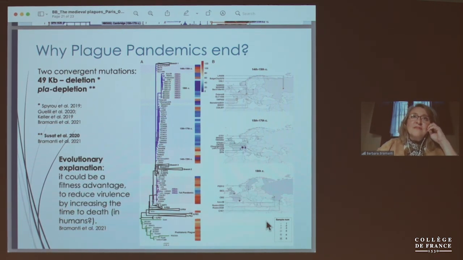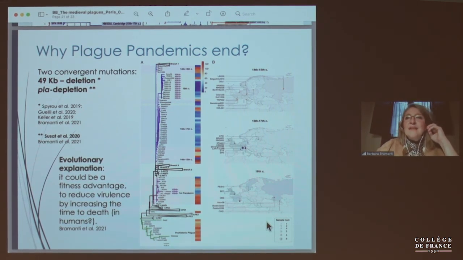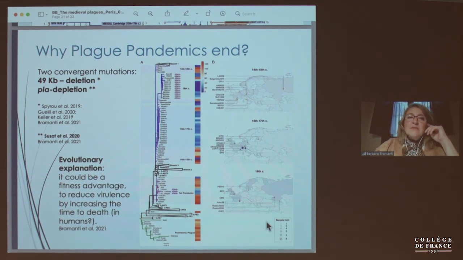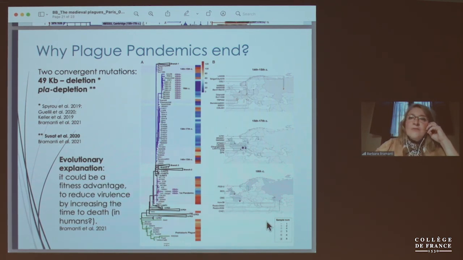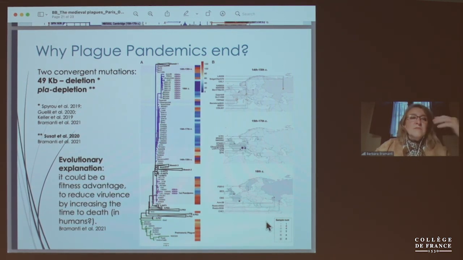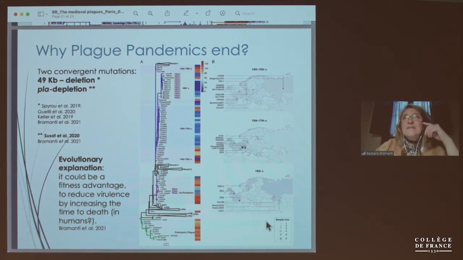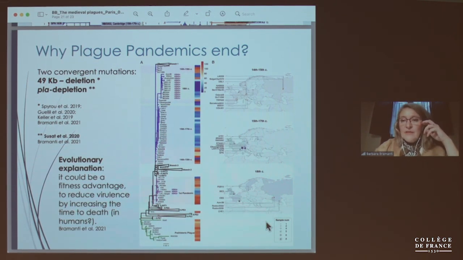Depletion means that, since this gene is on a plasmid, they had fewer plasmids containing this gene. And actually, these two convergent mutations may represent a loss of virulence of the strain. Therefore, Sousa et al. interpreted this signal as the possible reason for the end of the two plague pandemics.